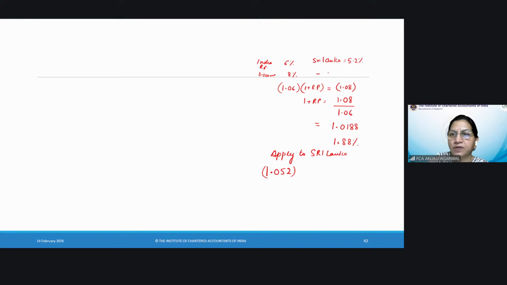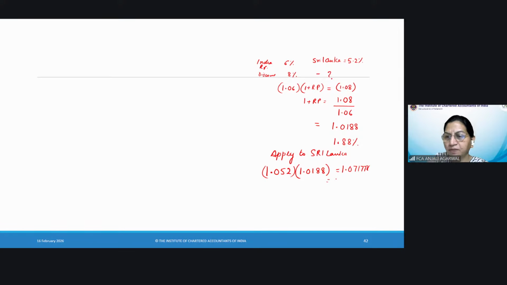So we are trying to calculate this. 1.0188 into 1.052 gives 1.071776.